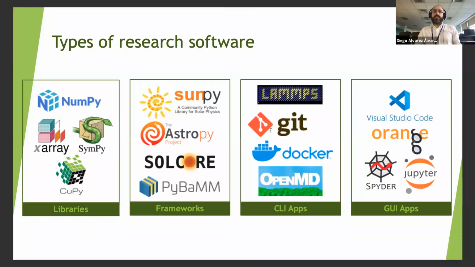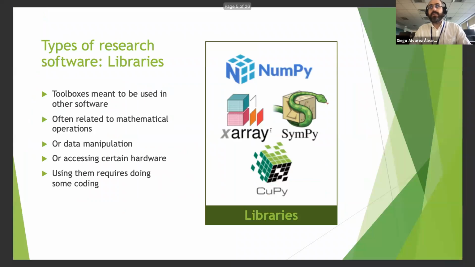So let's think about the types of research software. This is a very broad classification that I made. It's probably not rigorous. There will be software that doesn't fit in any of these categories, and software that will fit in several ones. But for simplicity, let's assume that we have libraries, or toolkits. Essentially, they are meant to be used by other software.